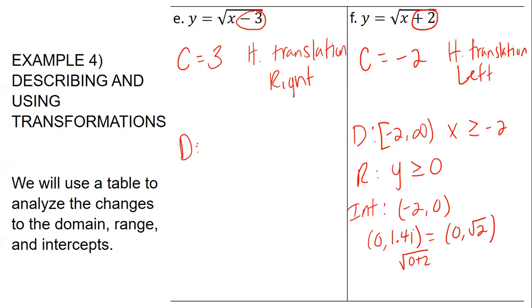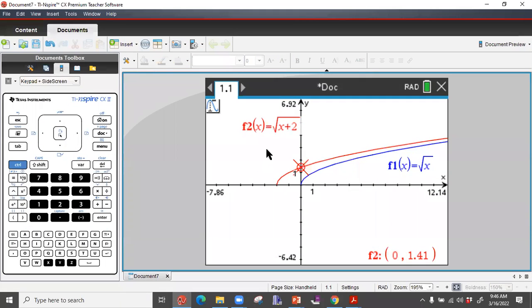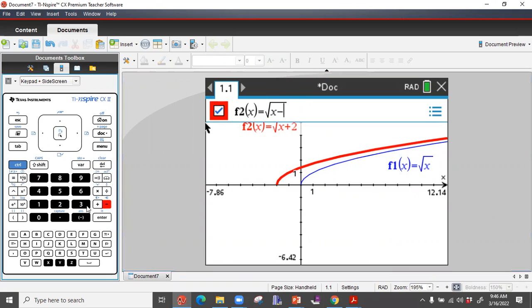Okay, so I'm going to pause for a moment and I want you to find the domain, range, and intercepts for y equals the square root of x minus 3. All right, let's see how we did. So for the square root of x minus 3, I go to my graph, I'm going to change this bad boy from +2 to -3.